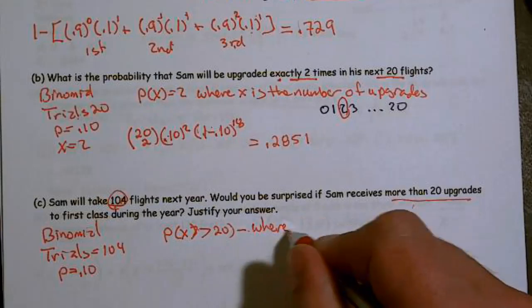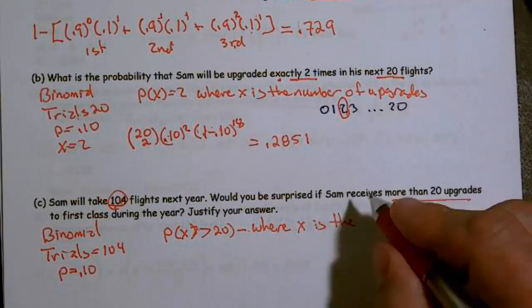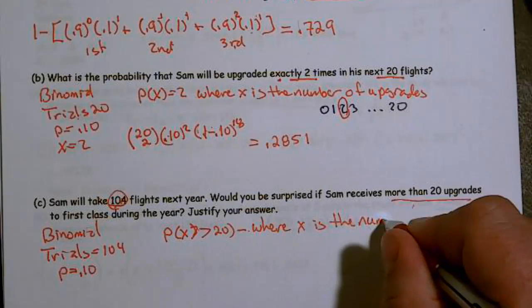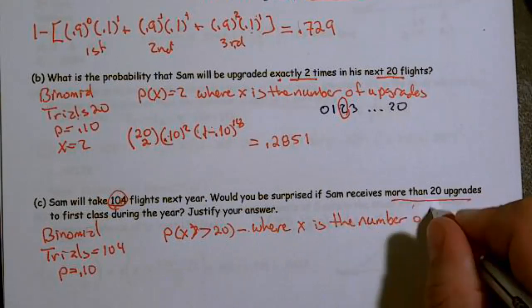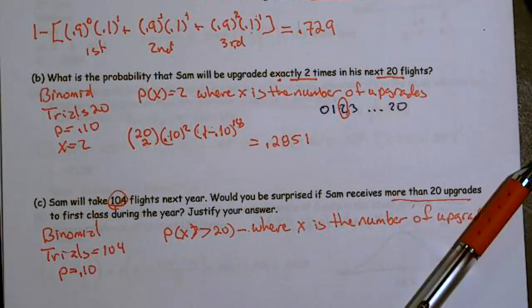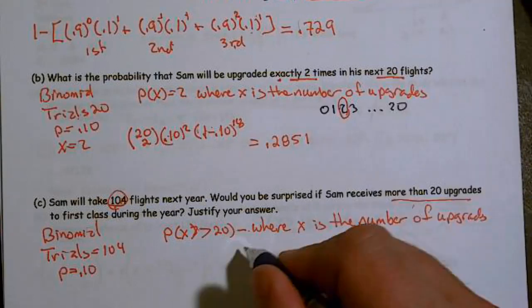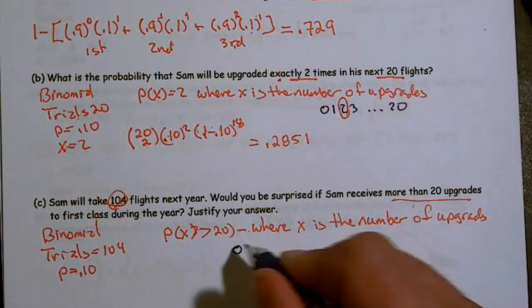where X is the number of upgrades. So let's take a moment and draw our number line out. Our number line is going to look something like this. Binomial always begins at 0.